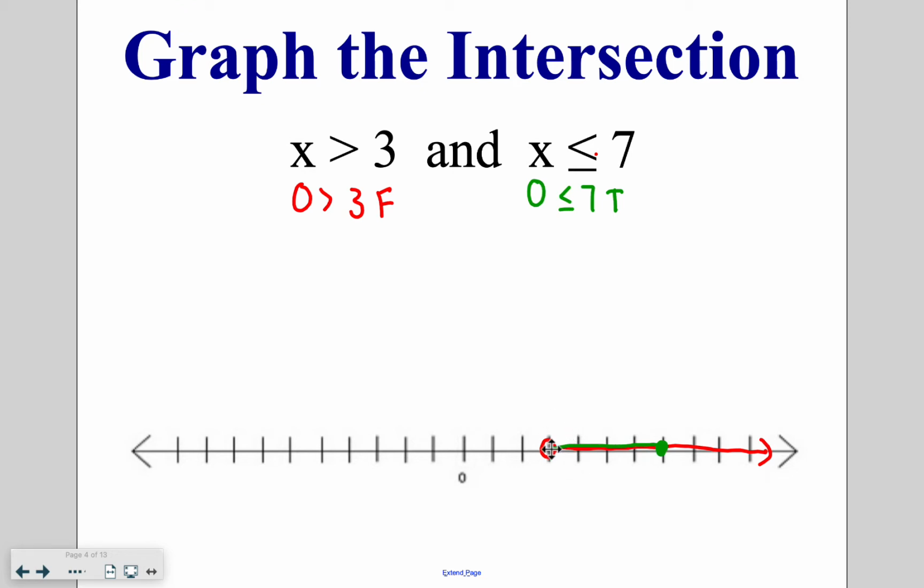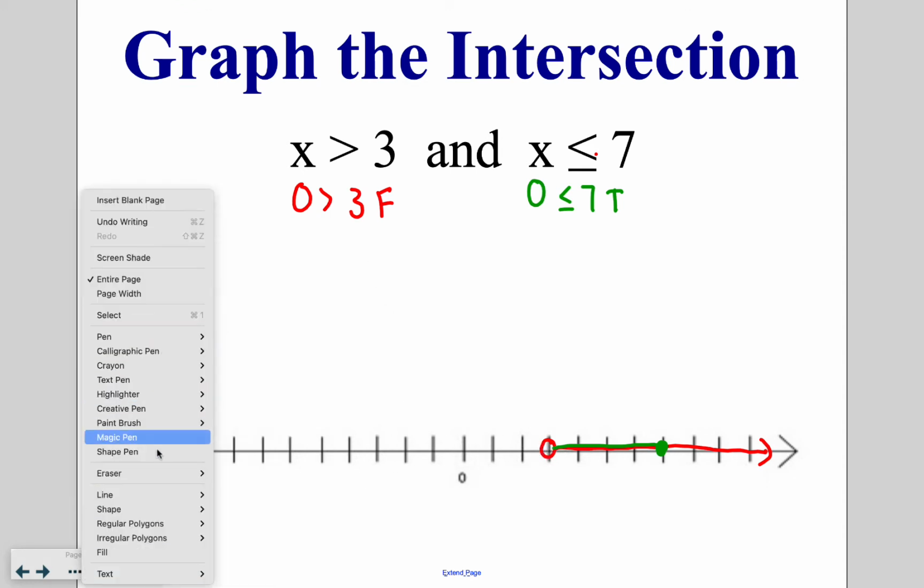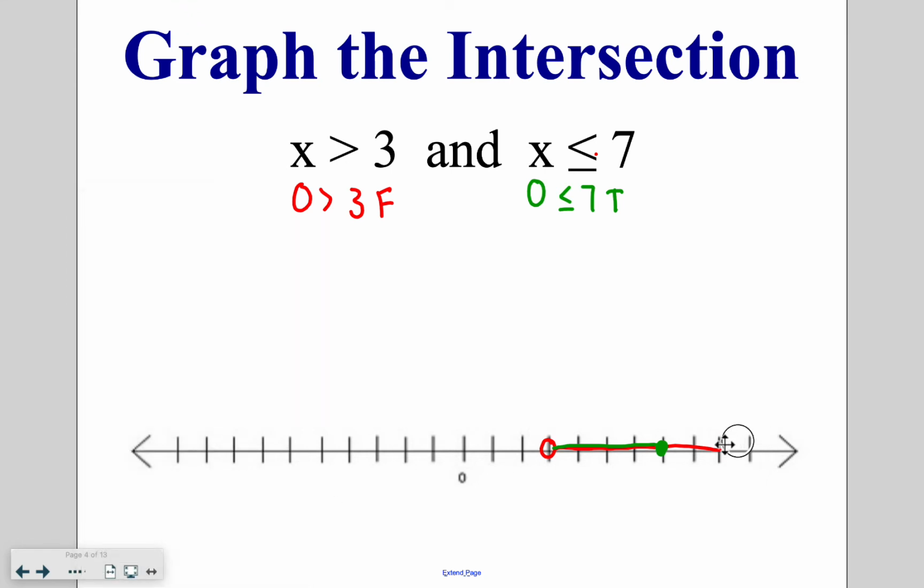However, we have to stop at 3 because none of the ones below 3 work for the first inequality statement. So the values above 7 are no longer part of our answer. The only answers that work are between 3 and 7 because this is an "and" statement.